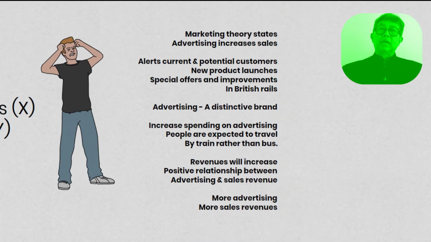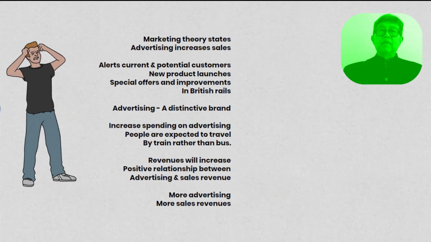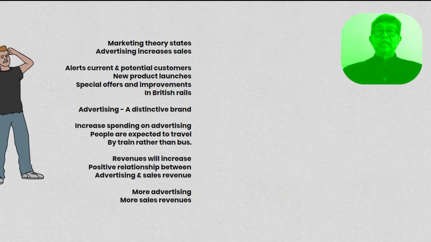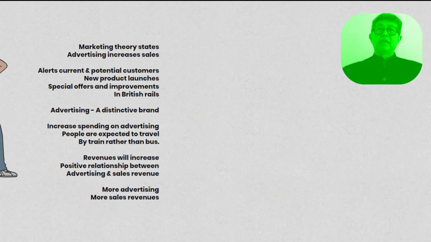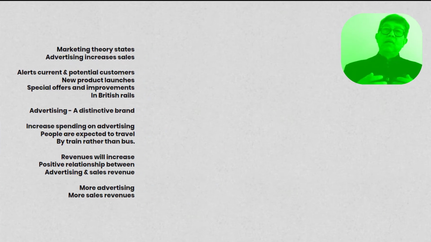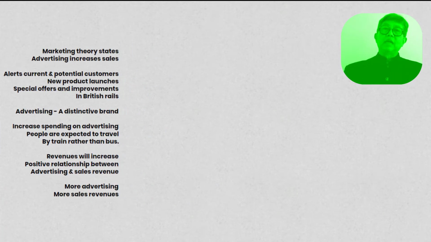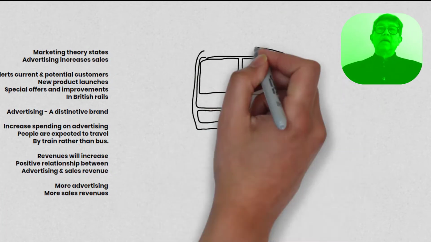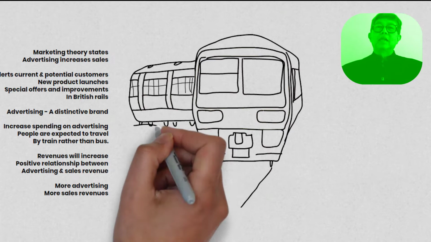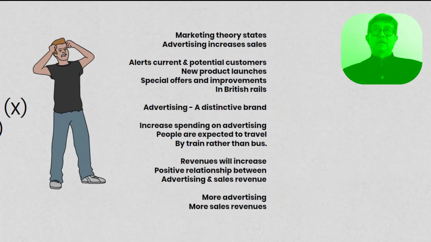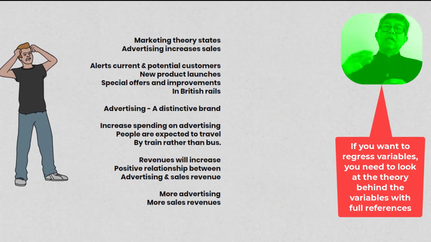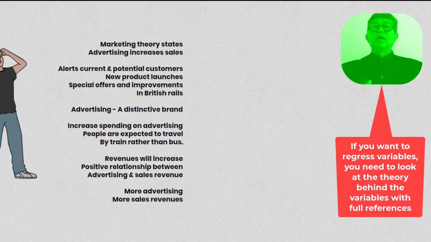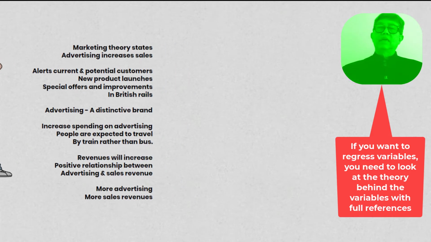In addition, advertising develops a distinctive brand image. Therefore, when British Railways increases spending on advertising, people are expected to travel more. There is a trend that more advertising would lead to more sales revenues.